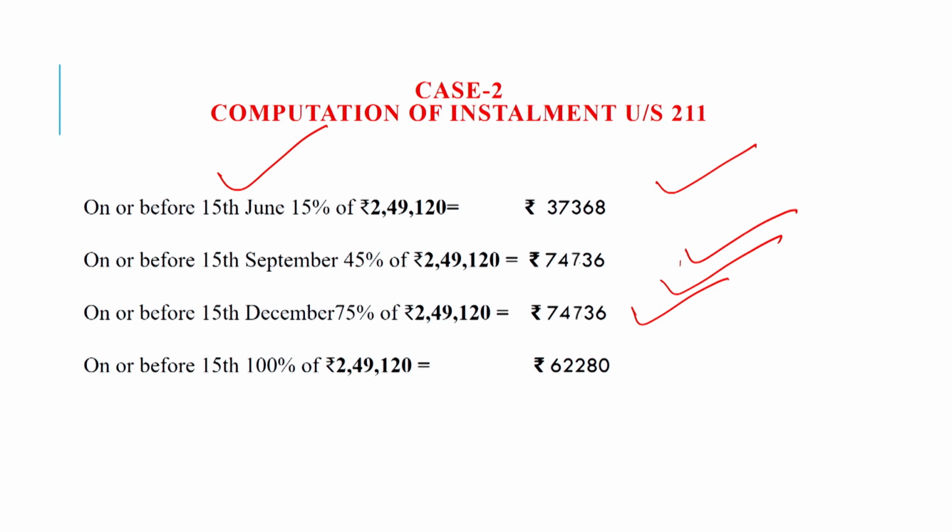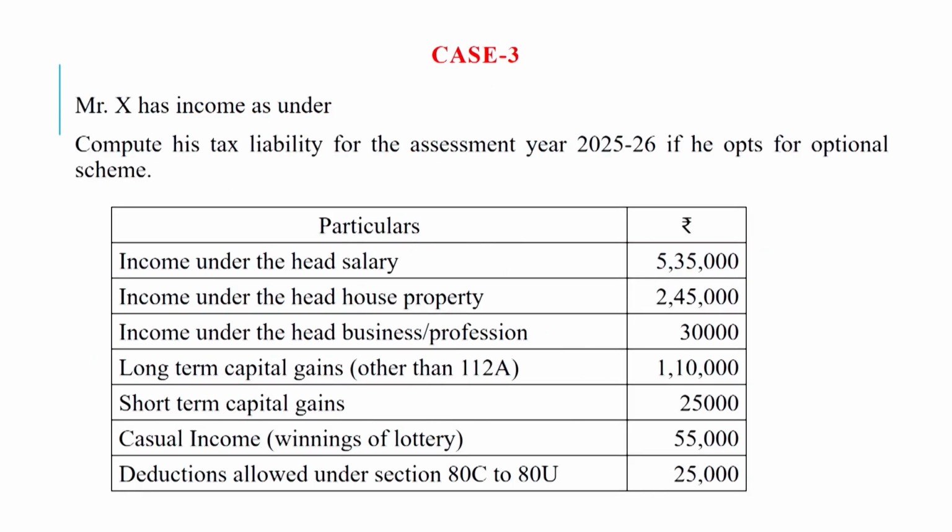So I am going to discuss again with the help of case number 3. In case number 3, Mr. X has income as under. Compute his tax liability for the assessment year 2025-26 if he opts for the optional tax regime. Optional tax regime means old tax regime. Optional means shifting out of the default tax regime.